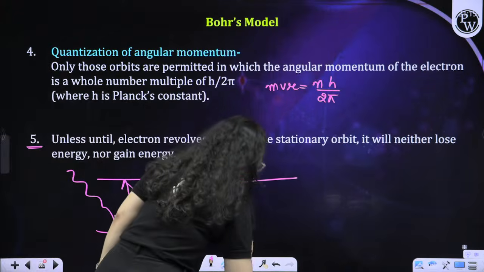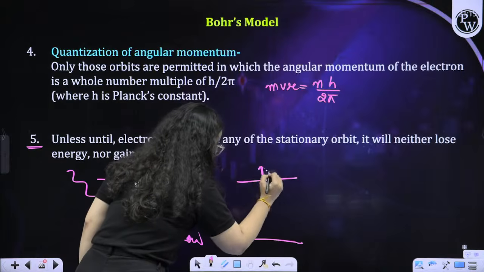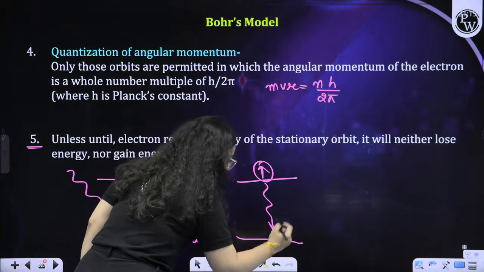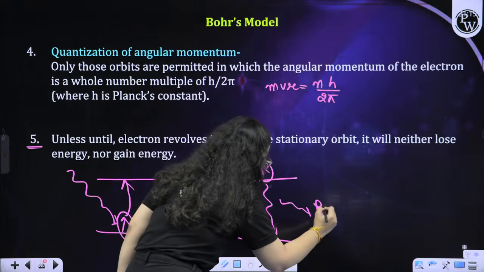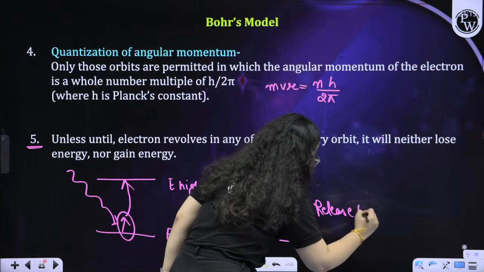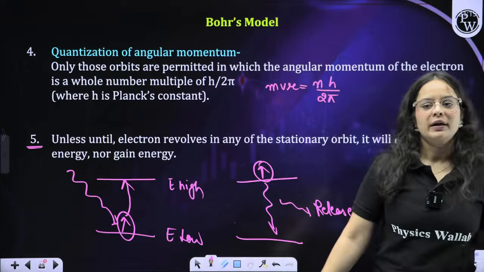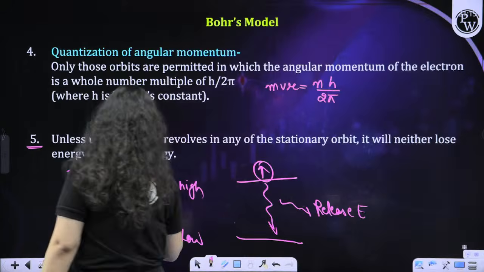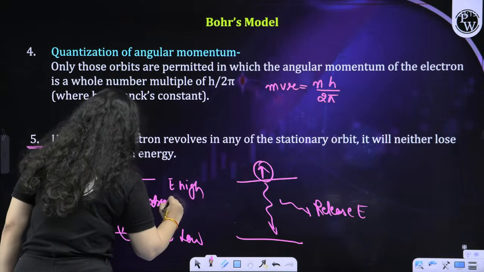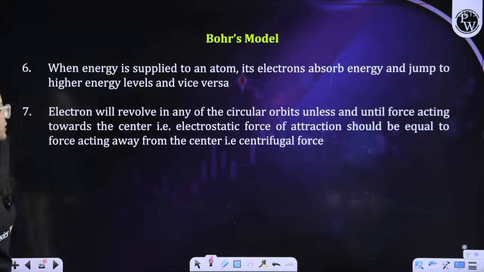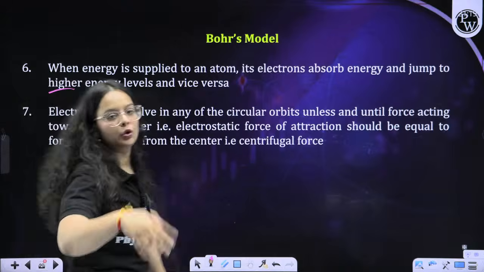But if it moves from a high to a low level, it will release energy, depending on the transition. Accordingly, it will change its energy. Okay, so this is the concept, these are the postulates. Depending on what is happening there, it will do the transition.